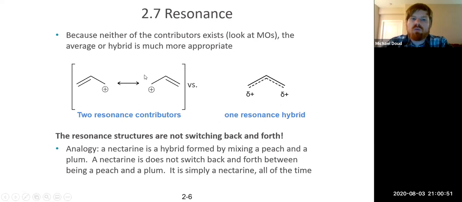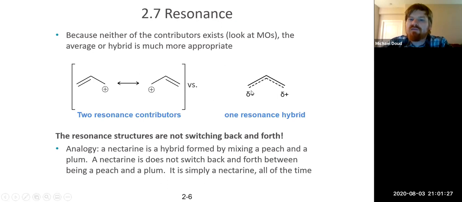We know that overall, when we actually have these two resonance contributors, the real structure is somewhere in between the two. In this case, both are equally valid. We'll talk about validity here later on. Since both of these contributors can contribute, when we mix them together, we get a 50-50 mix where rather than having a pi bond between carbon 1 and carbon 2, or between carbon 2 and carbon 3, instead, those pi electrons are spread out entirely between carbon 1 to carbon 2 and carbon 2 to carbon 3.